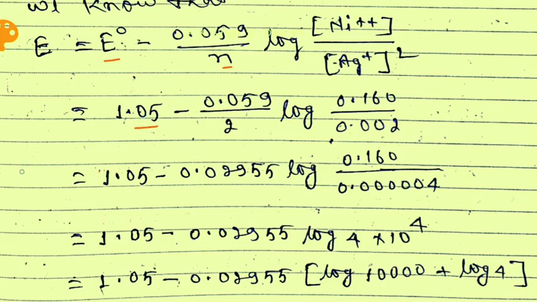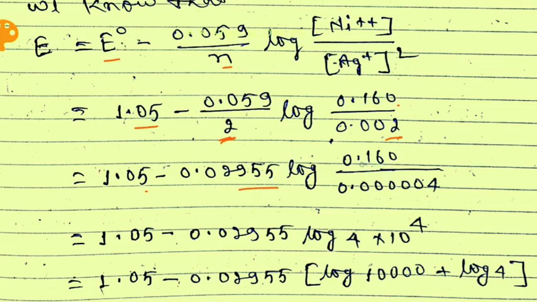How many electrons are lost by nickel? 2 electrons. And silver gains those 2 electrons. So here in place of n, 2 is written. Log concentration of nickel ion, that is 0.160, by concentration of silver ion, that is 0.002, so it will be equal to 1.05 minus 0.02955 log of the concentration.